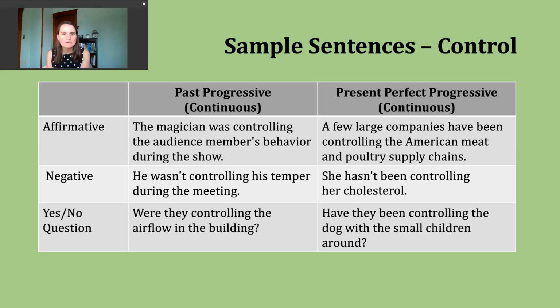Okay, so past form of be, and then the second part of my verb, the progressive form, is that ing form of the verb. Let's take a look at an affirmative example. We're going to say subject, past form of be, ing form of the verb. Here's that example. The magician was controlling the audience members' behavior during the show. Okay?